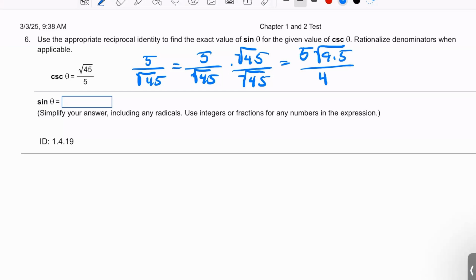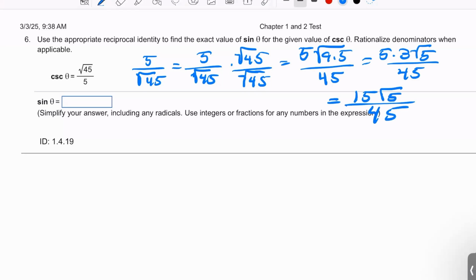And you end up with 5 times the square root of 9 times 5 over 45. And then you just reduce the fraction, 15 times the square root of 5 over 45. And there's your result, the square root of 5 over 3.